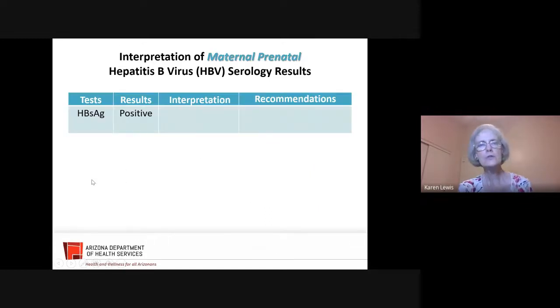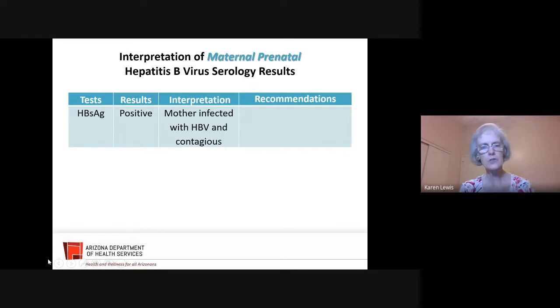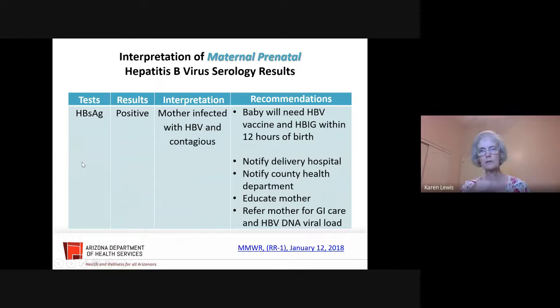Okay, so let's go through this interpretation of maternal prenatal serology for hepatitis. If a mother is hepatitis B surface antigen positive, that means the mother is infected with hepatitis B virus and is contagious. Then what you need to do is give the child the vaccine and immune globulin within 12 hours of birth.